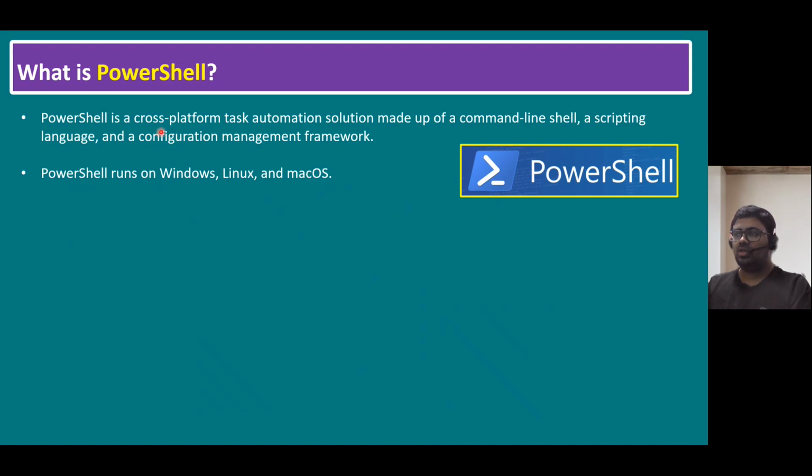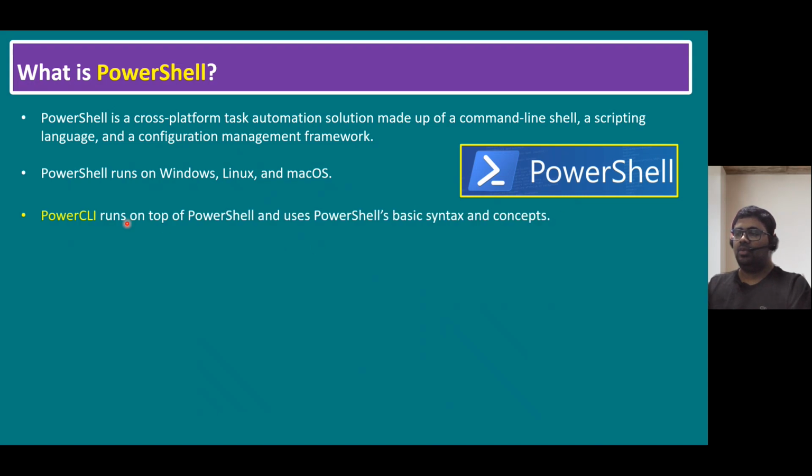PowerShell is a cross-platform task automation solution made up of a command line shell, a scripting language, and a configuration management framework. PowerShell runs on Windows operating systems, Linux, and macOS. Wherever you want, you can run PowerShell.